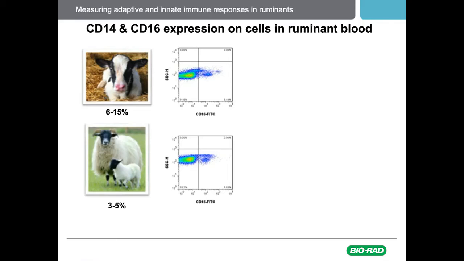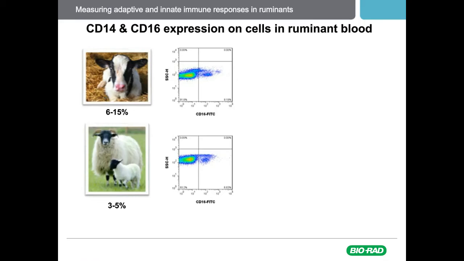We don't know exactly why it's the case, but certainly if you start to think about how this might impact on in vitro assays, where you're taking peripheral blood cells and using the monocytes as antigen presenting cells, then that can affect the outcome of those assays. So it's a very interesting phenomenon that cattle and sheep do differ in the proportions of CD14 positive cells in peripheral blood.